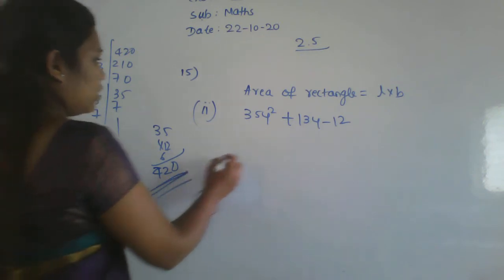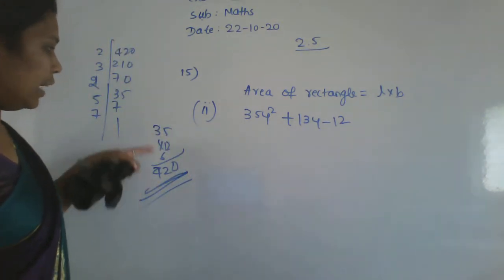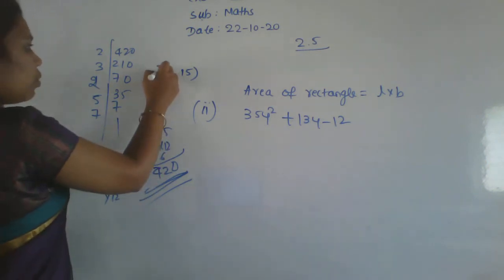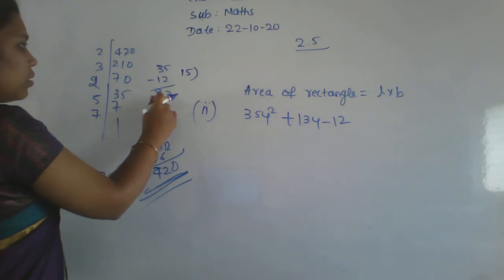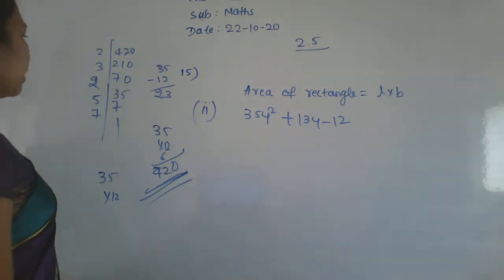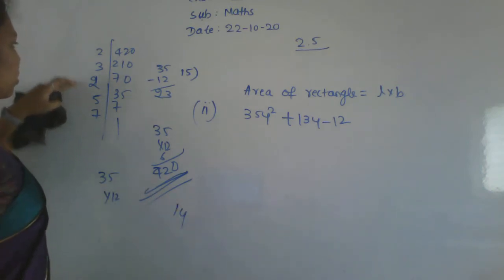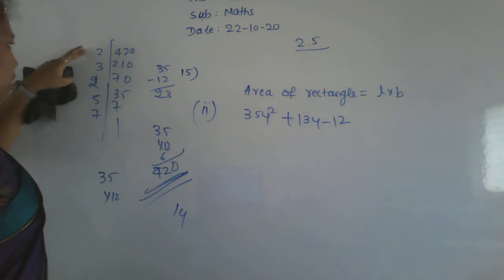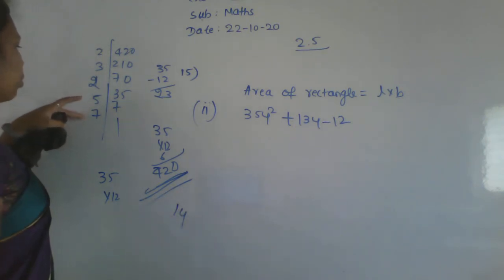So yes, here only we get it, right? 35 12s are 420. 35 minus 12 is what? We get the answer as 23. But we want the answer as 13. Then what numbers do we have to take here? 7 2s are 14. Next 5 3s are 15, 15 2s are 30. No, we can't take that one also.